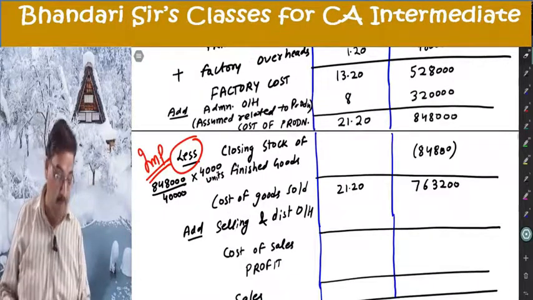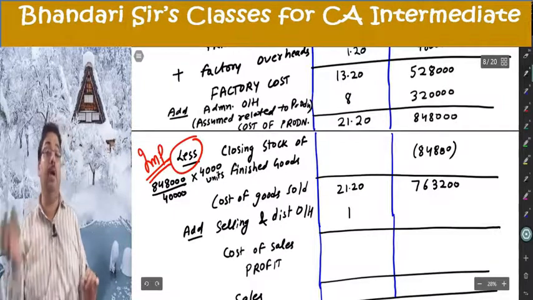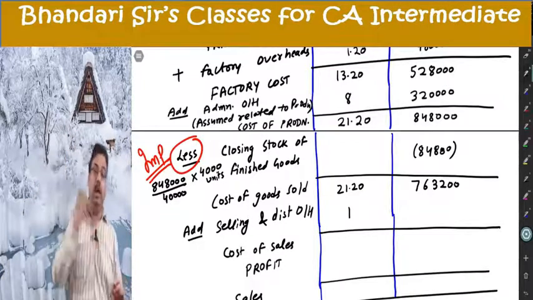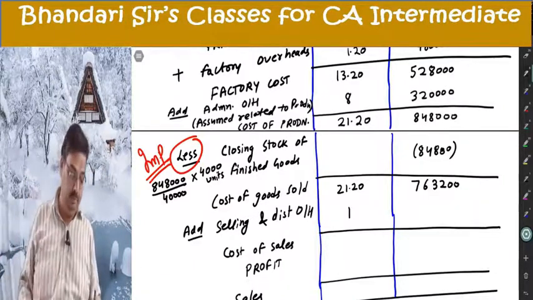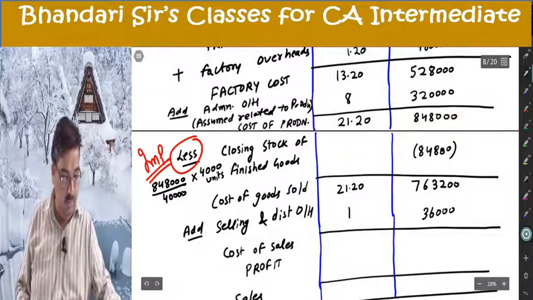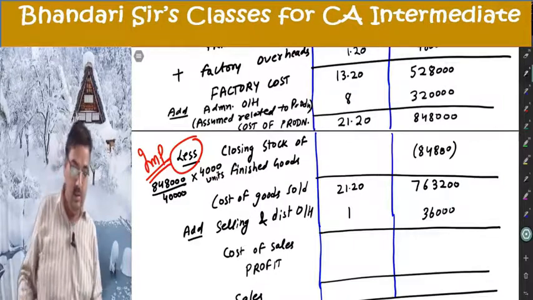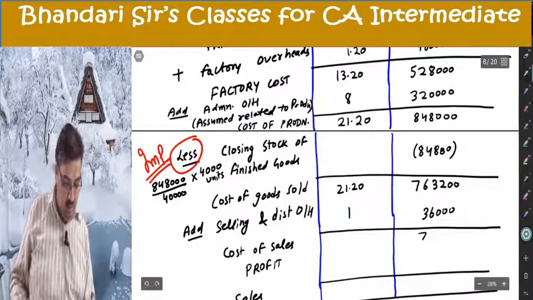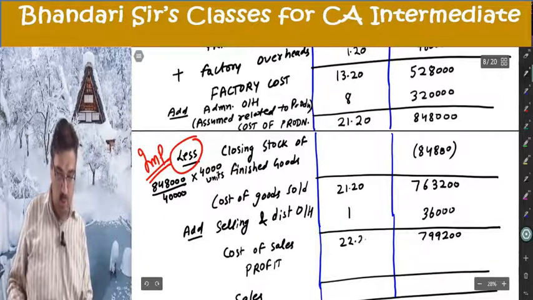It is given 1 per super pen, but remember this very carefully. It is 1 per unit sold. Selling overheads are only on units sold. 36,000. So if I add 36,000, I am getting 7,99,200. And this has increased to 22.20.